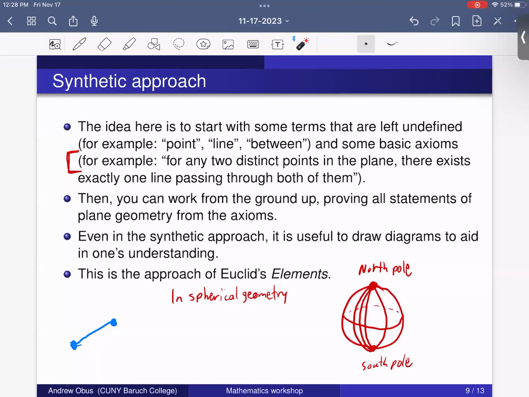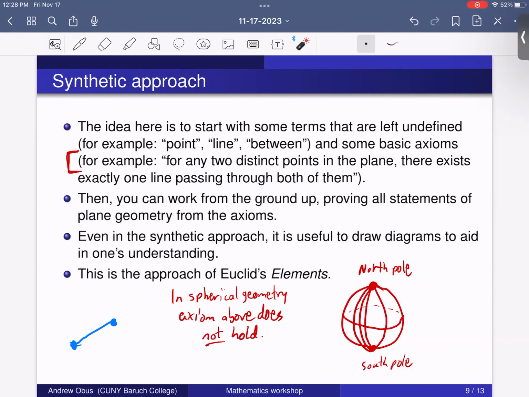So in spherical geometry, this axiom does not hold. Here's 2 points on the Earth, and there isn't just one line between them. There's lots of lines. I can go on any line of longitude I want. So what I'll just say here, in spherical geometry, the axiom above does not hold.